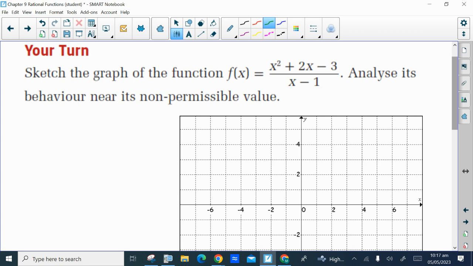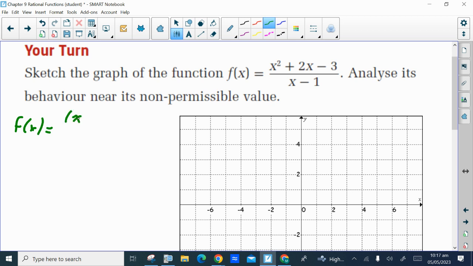So we'll do the same thing for this one. We see we have a denominator of x minus 1, so x equals 1 is a non-permissible value. So we're going to see what happens at 1. Is there a vertical asymptote or is there a point of discontinuity?